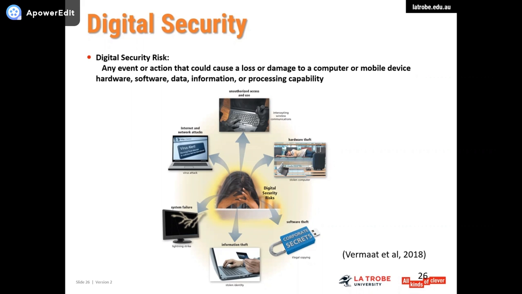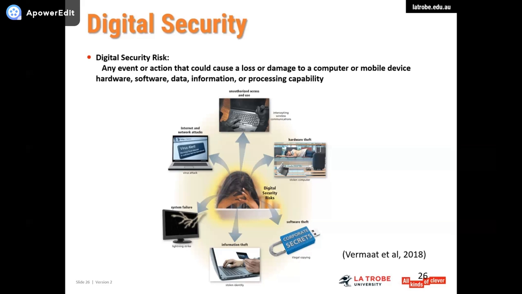Or we may have a thief in the hardware shop who directly steals the computers. And we may have hackers who try to crack software directly without buying a license. All this kind of behavior we call digital security risk.